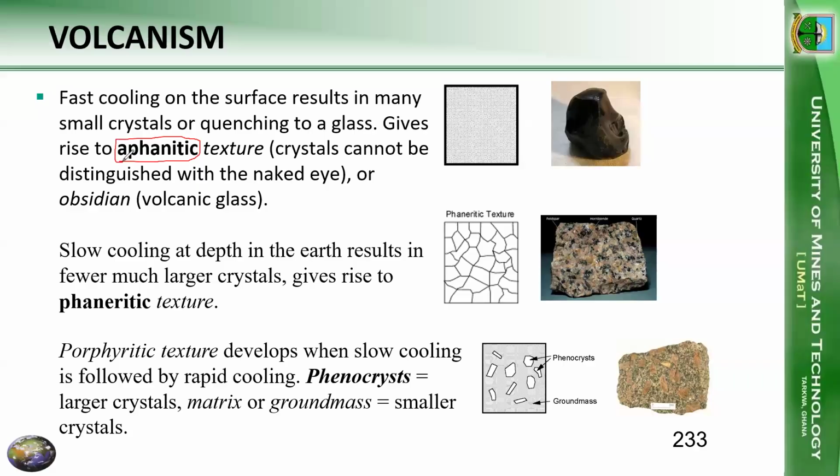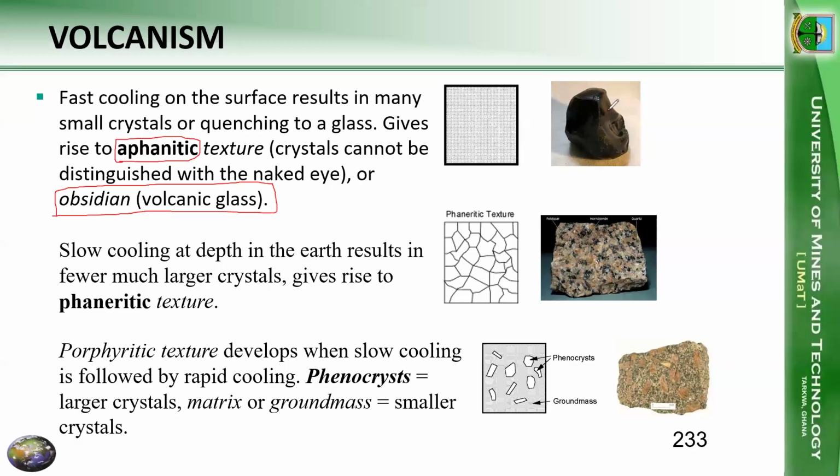So the term aphanitic means not visible to the eye. And the extreme form of aphanitic texture, we could talk about volcanic glass, or obsidian.